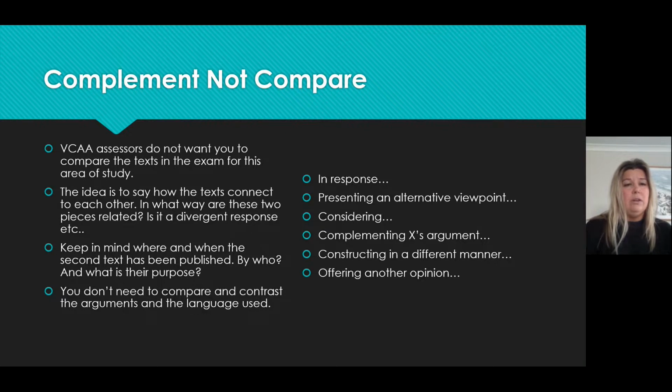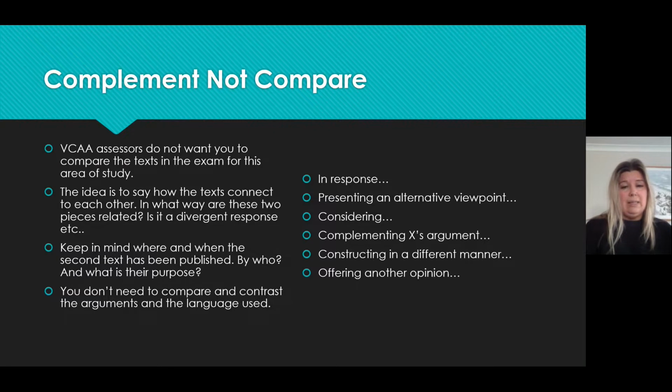So just to read you a little bit of summary on this point, VCAA assessors do not want you to compare the text in the exam. The idea is just to say or mention how the texts connect to each other. In what way are these 2 pieces related? Perhaps it is a divergent response, or perhaps they are writing in response specifically.